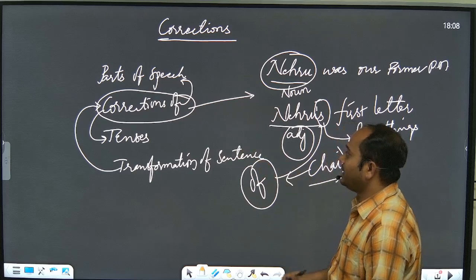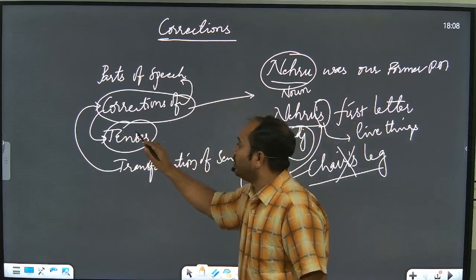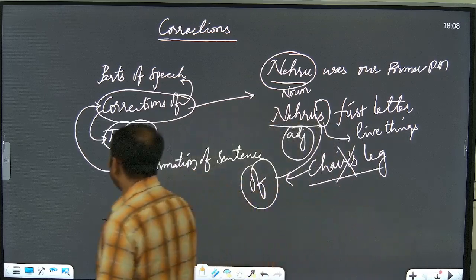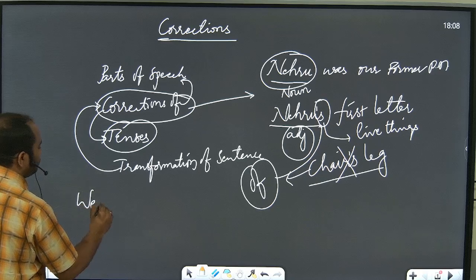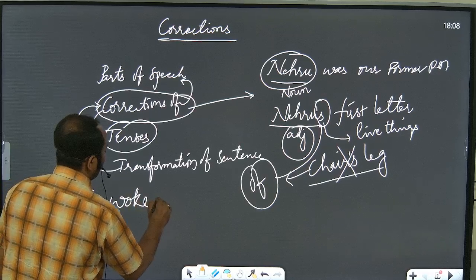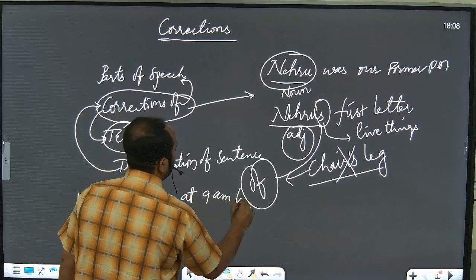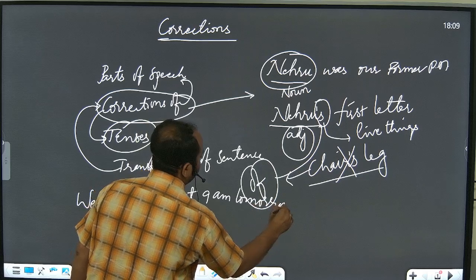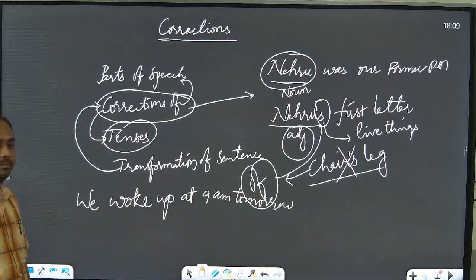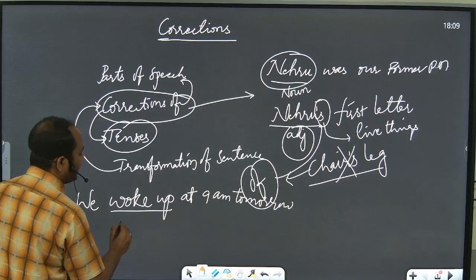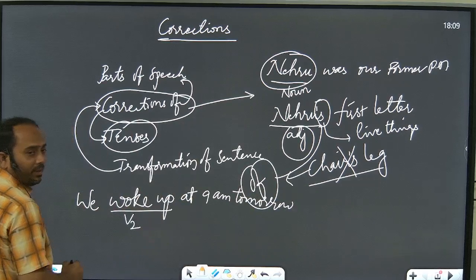Likewise, when it comes to the tenses, how will the corrections be? They'll give you one sentence: We woke up at 9 a.m. tomorrow. If you consider this example, woke up indicates the V2 form, that means past.